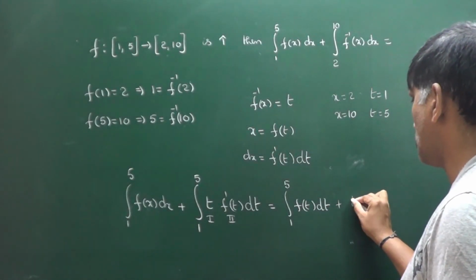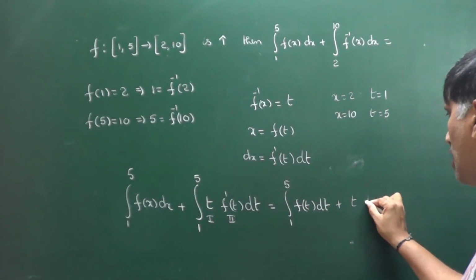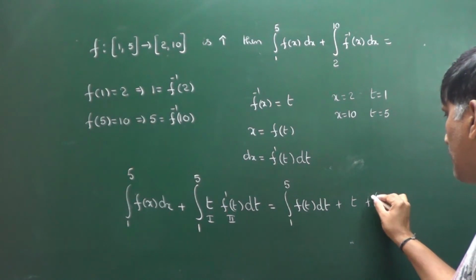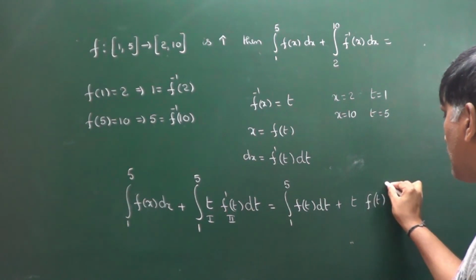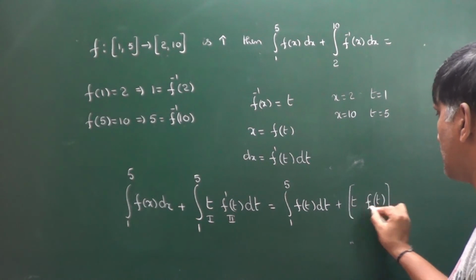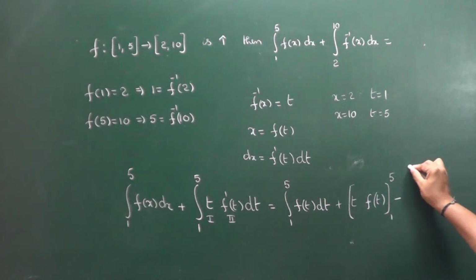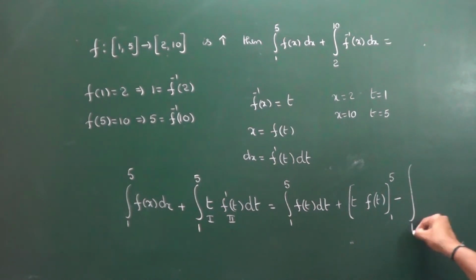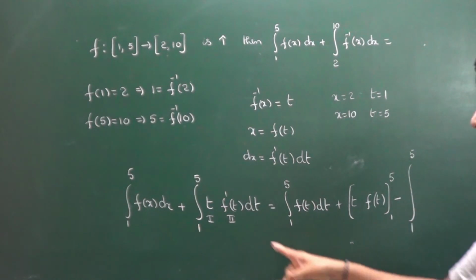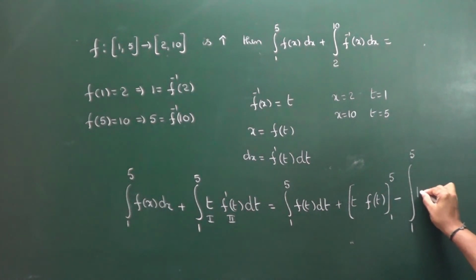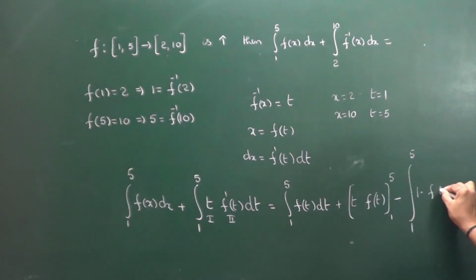First function into integration of second function. The integration of f dash of t is f of t. There we have to apply the limits from 1 to 5, minus the integration with limits from 1 to 5 of the differentiation of the first function into the integration of the second function.